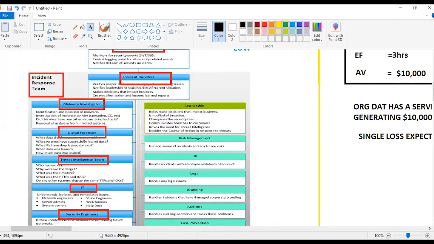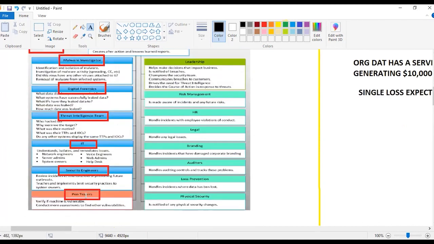Forensics comes after the attack. After you are robbed, after you are bankrupt, you hire experts and the FBI, and you calculate how much loss you have faced. There are also malware investigators, IT teams, security engineers, and testers.